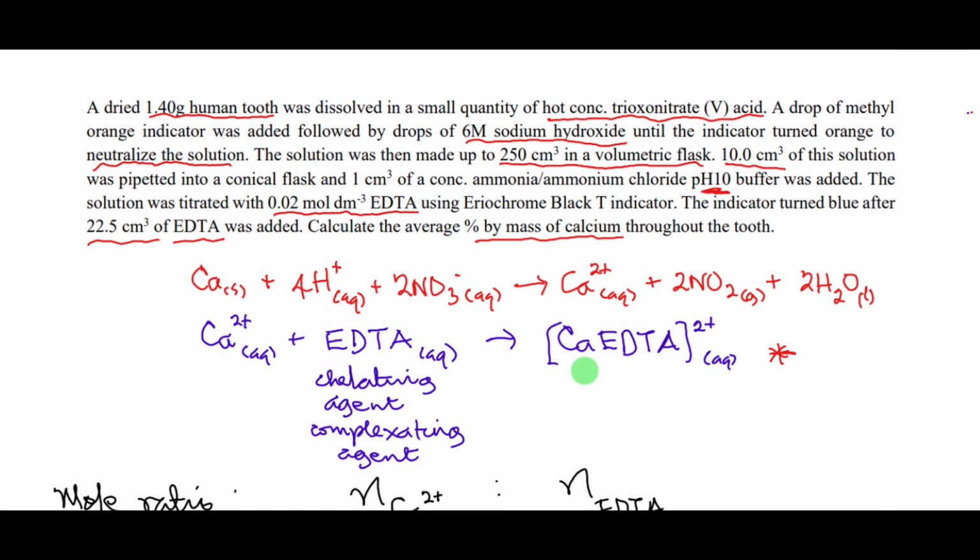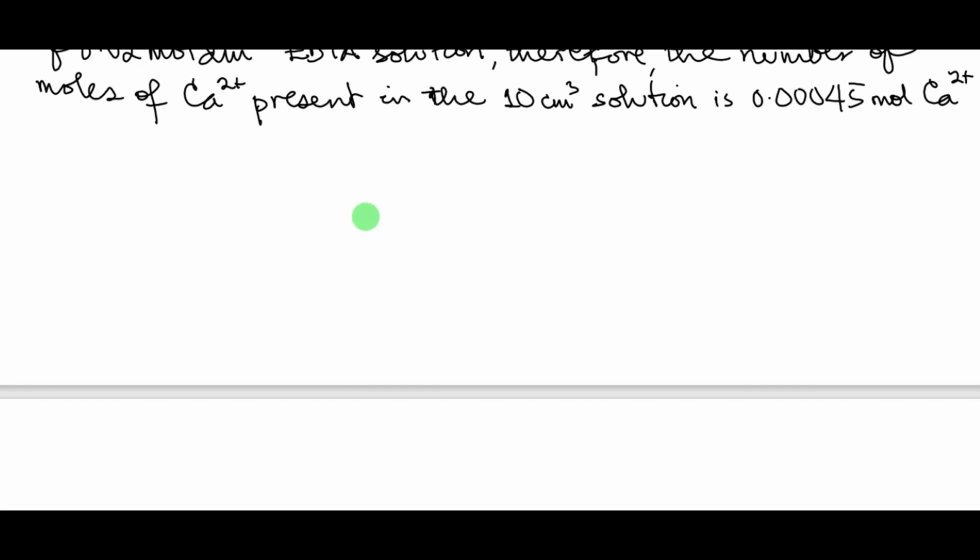Remember, total volume of the solution was 250 cm cube, out of which only 10 cm cube was used for the titration. So if we have determined the number of moles of the calcium ion present in the 10 cm cube of the solution, the aliquot, then we also need to calculate the number of moles that will be present in the total volume of the solution, which is the 250 cm cube.